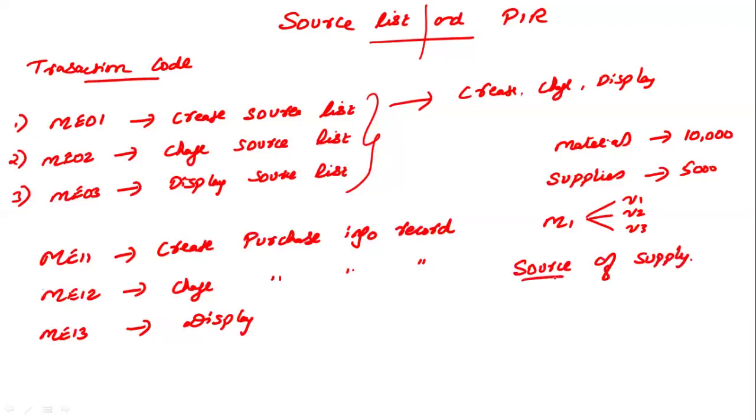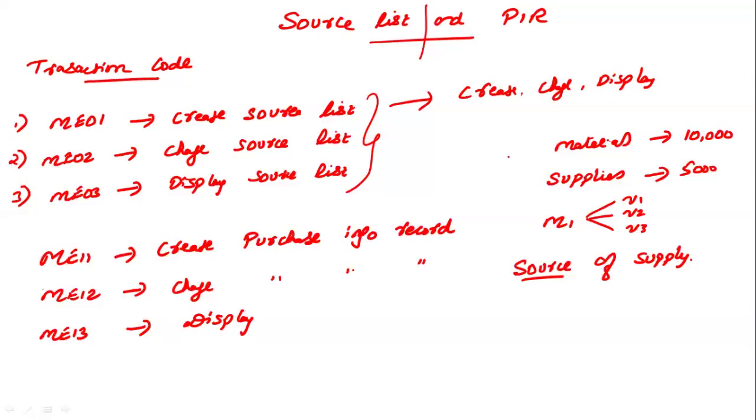Source is nothing but from where it is originating, wherever the material is getting originated, and from where we are getting that material. Those are called the source of supply.